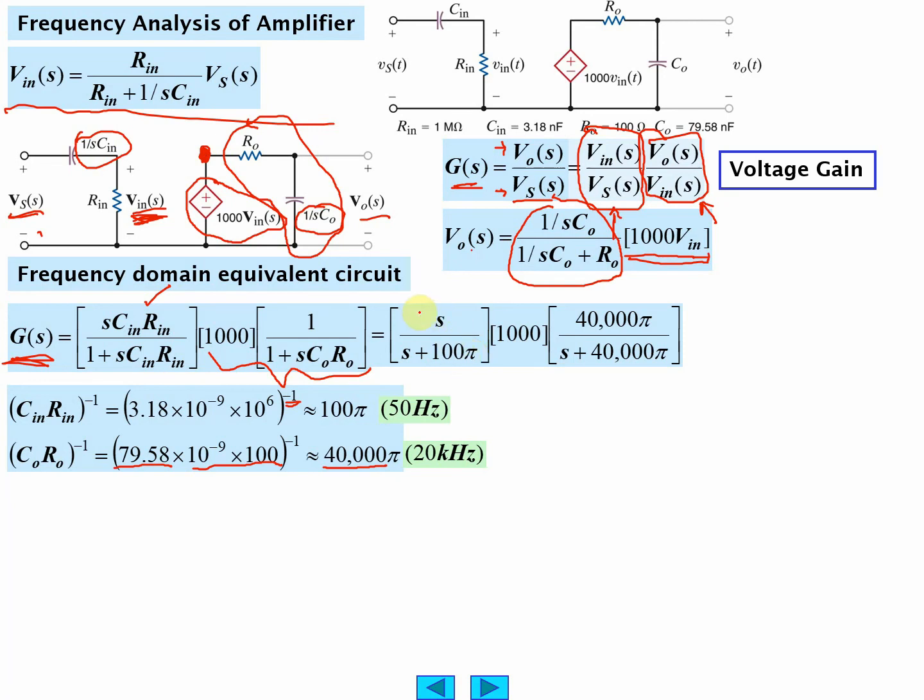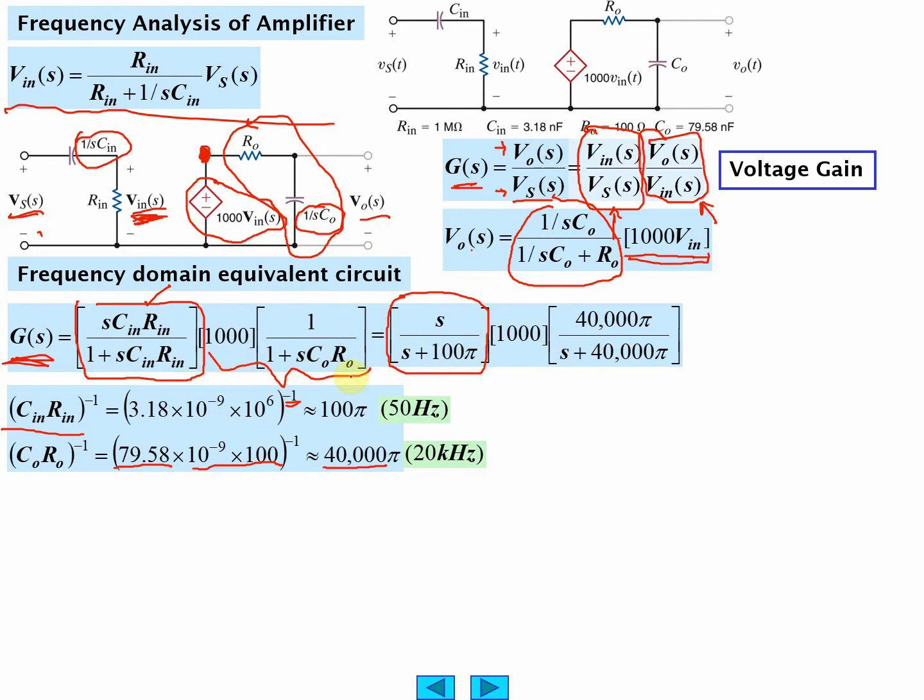yeah. So this takes a little algebra, not much. It's just, once you know this right here, you just plug and chug. 1 over 100 pi, 1 plus the S over 100 pi, and then rationalize it.